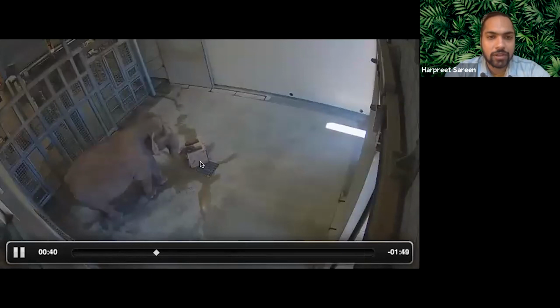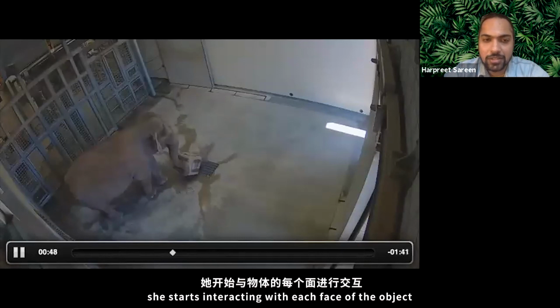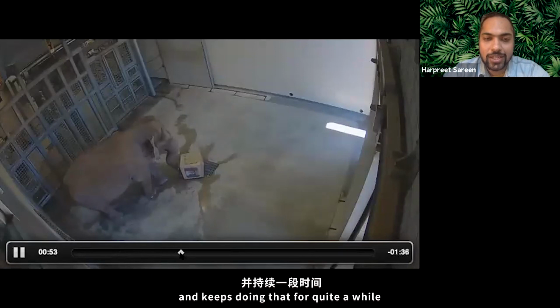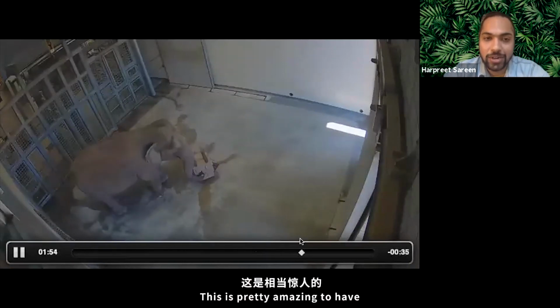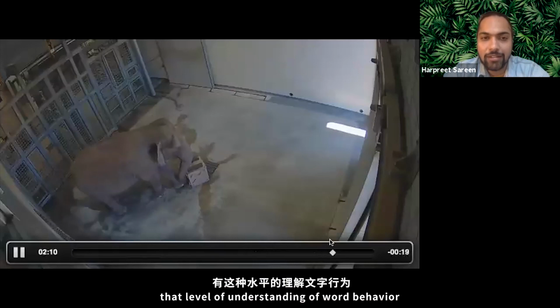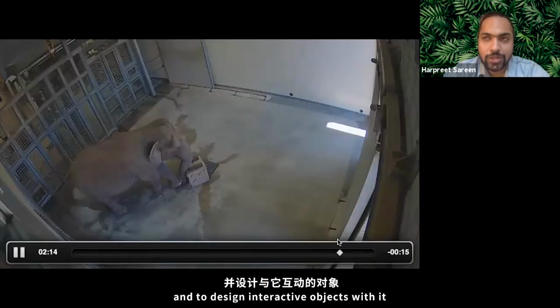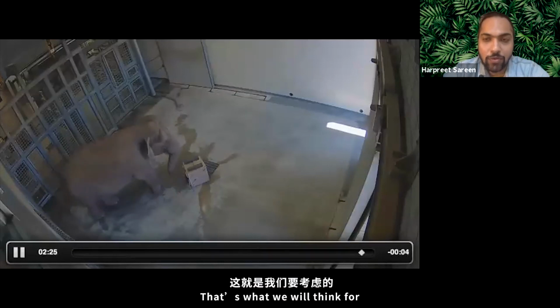There are different textures on each face of this cube, and it's playing certain sounds it likes. It keeps doing that for quite a while. This is pretty amazing, to have that level of understanding of animal behavior and to design interactive objects with it for non-human species. That's what we were going for.